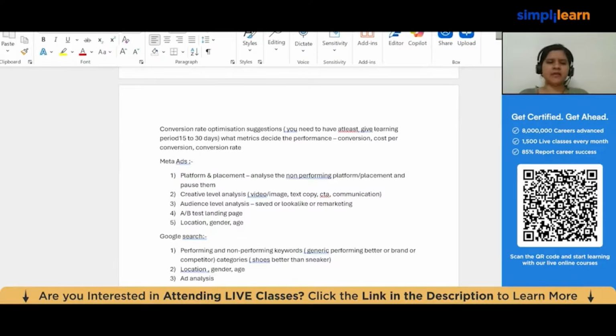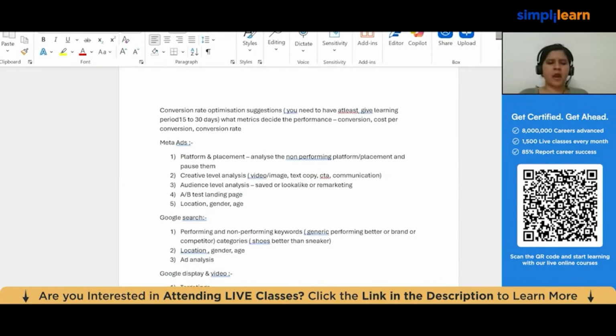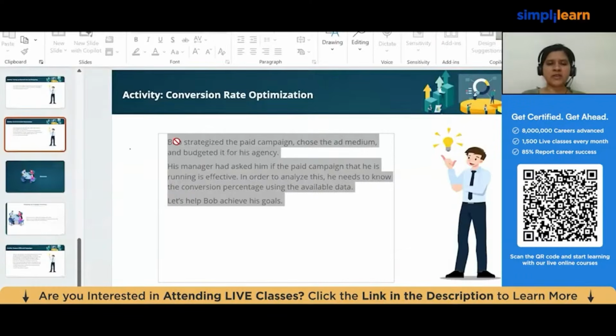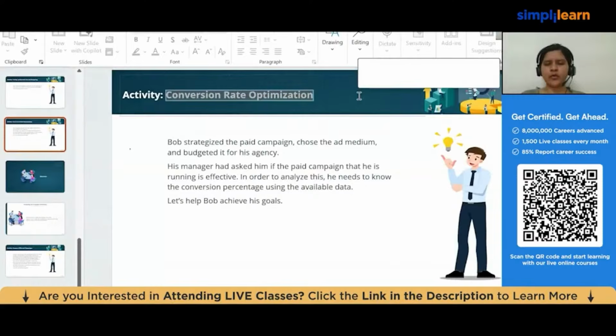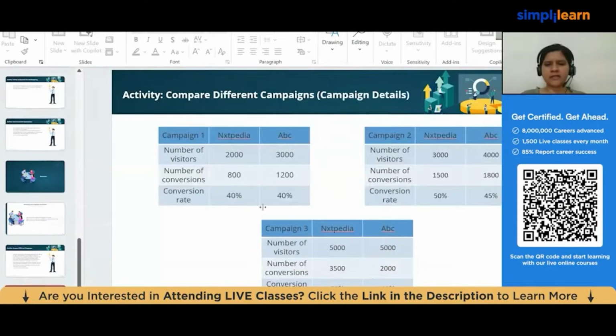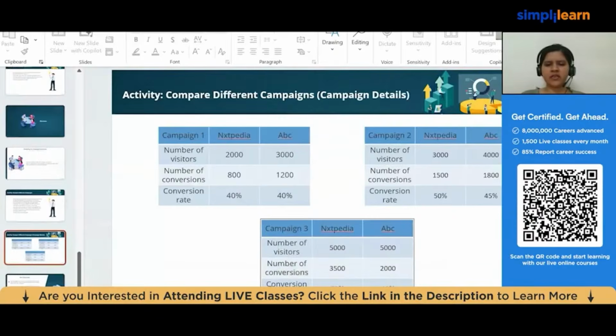So you can just see how your targetings are performing, how your ads are performing, and how your other demographics like location, gender, and age have been performing. The whole point of your conversion rate optimization is, guys, you have to give suggestions and they'll give you data. For this one, they are not asking you to do all of this, they have given you data. See this. Can you see? Number of visitors, number of conversions, conversion rate. So there's a good chance in your capstone you'll get the data. You just have to analyze the data and respond accordingly.